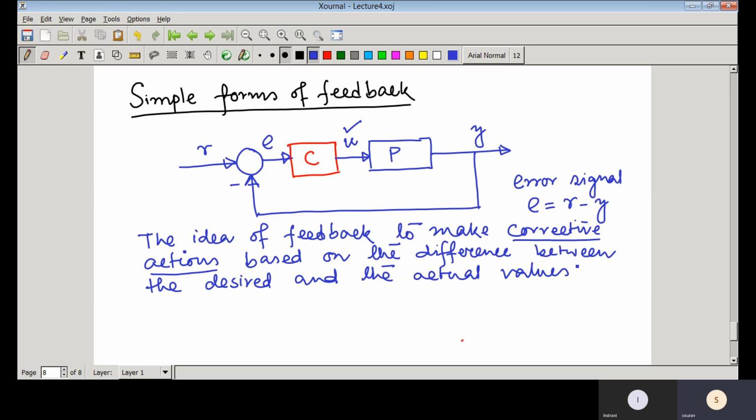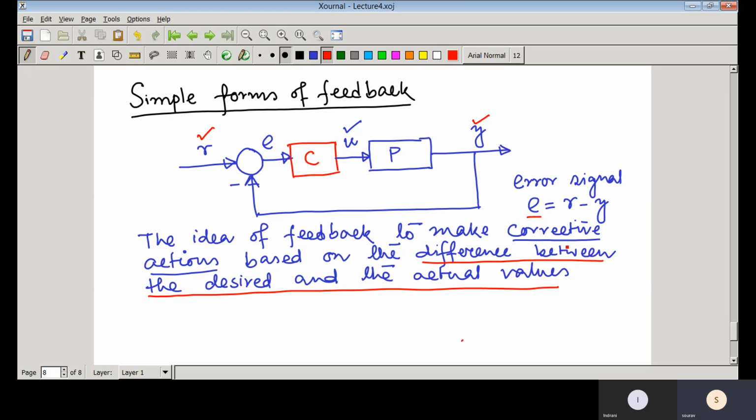Here R is the desired value and Y is the controlled output, so this difference is the error signal.